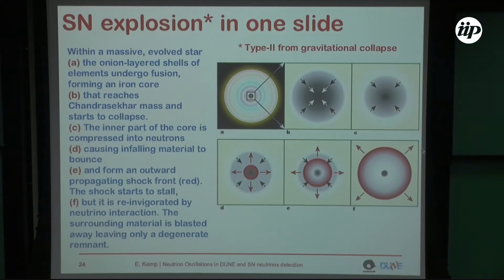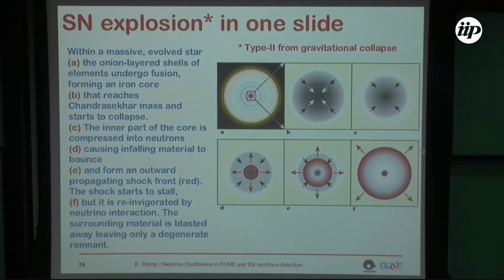And the flux of neutrinos is big enough to make some energy deposition where the shock stopped pulling out the matter, and then the shock is revigorated by the energy deposition of the neutrinos, and then you have finally the explosion with the mass ejection towards the cosmos, and you have the supernova explosion.